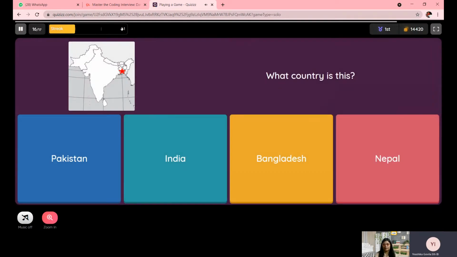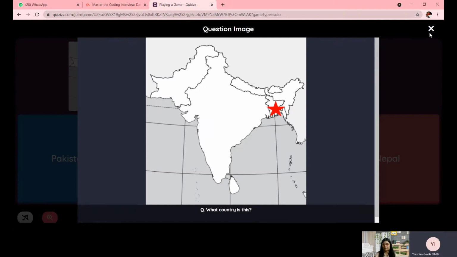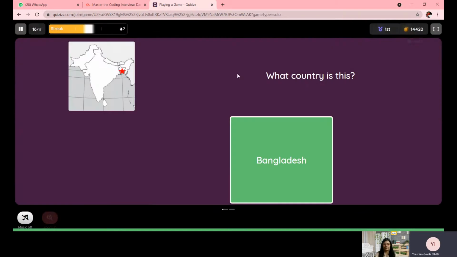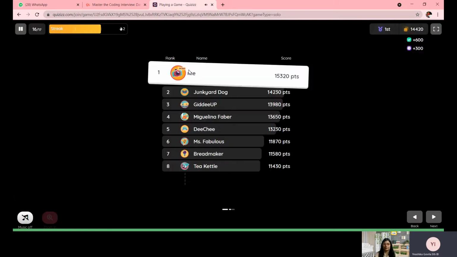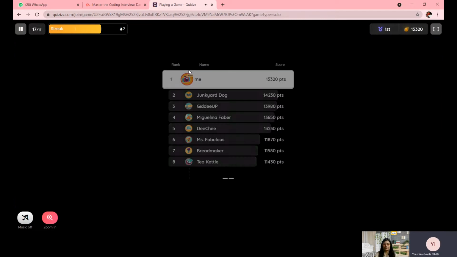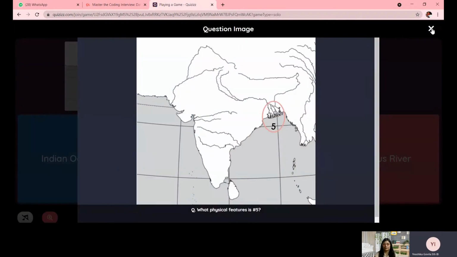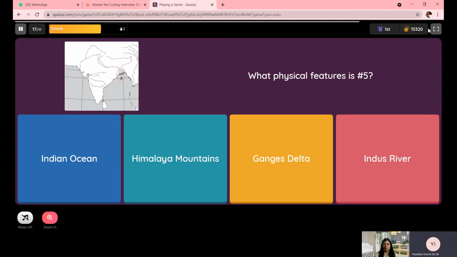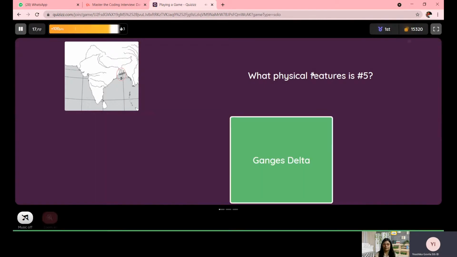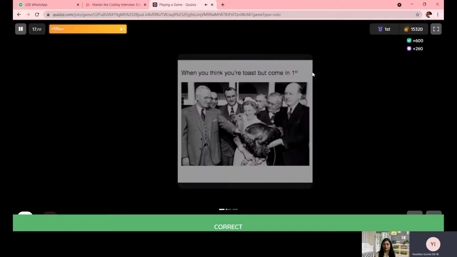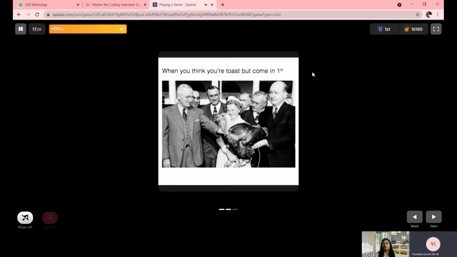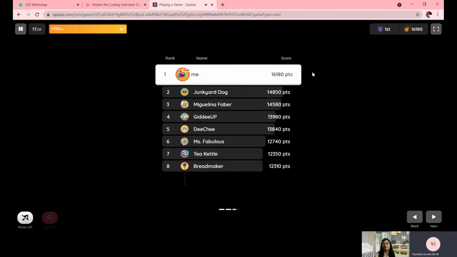What country is this? This is Bangladesh. What physical feature is 5? 5 will be the Ganges Delta. Good.